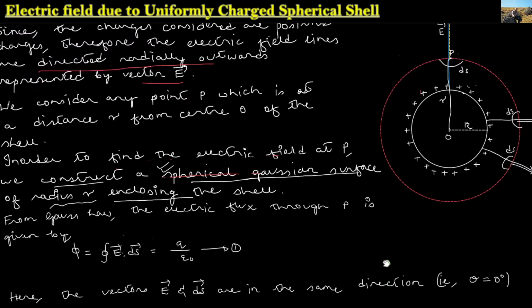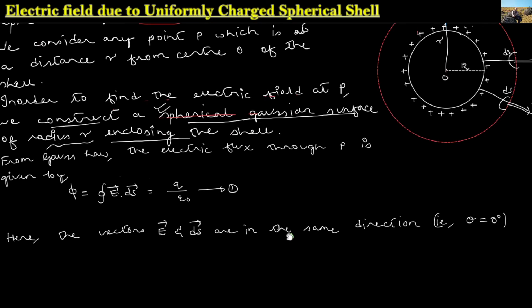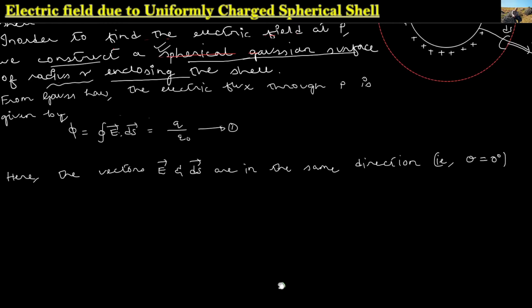And from here it is very evident that E and ds are acting in the same direction. If E and ds are acting in the same direction, then the angle between them is 0 degree.